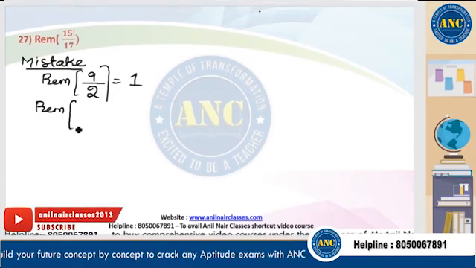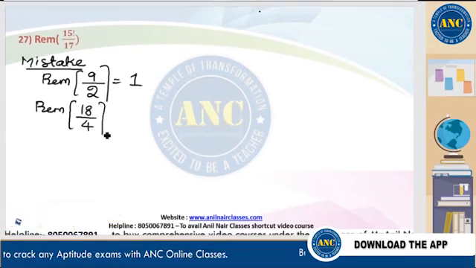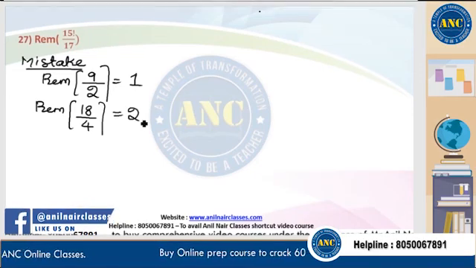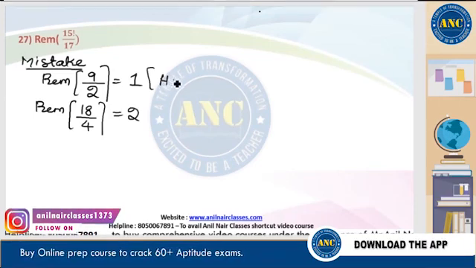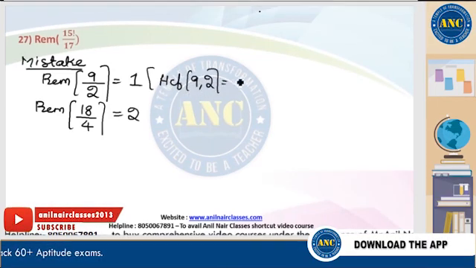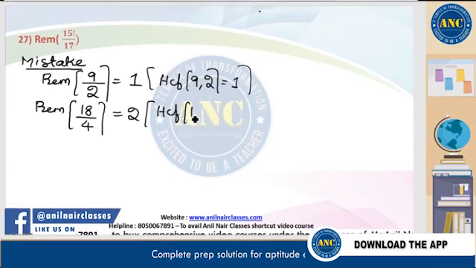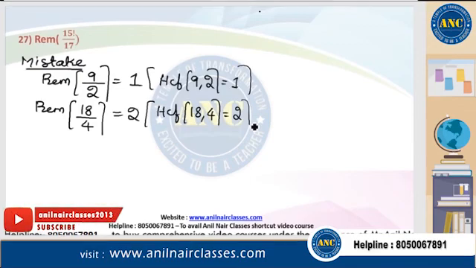Suppose I divide 18 by 4. 4 fours are 16, remainder is 2. Now if you observe carefully, in the first case, the HCF of 9 and 2 is 1. There is no common factor other than 1. But in the second case, the HCF of 18 and 4: both are even numbers and the highest common factor is 2.